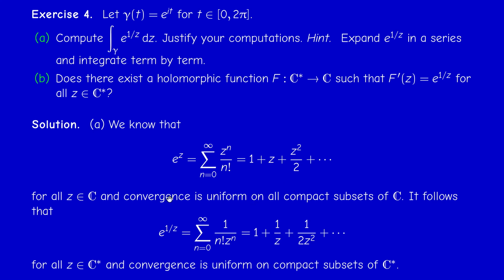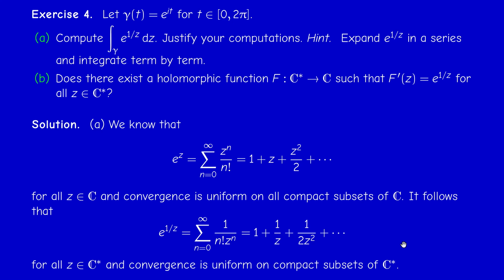And this is why we invoke the notion of uniform convergence, because we can integrate term by term if we have uniform convergence. So we can interchange sum and integral. So the integral of e^(1/z) is the integral of the first term plus the integral of the second plus the integral of the third and so on, because the circle is compact in C star.